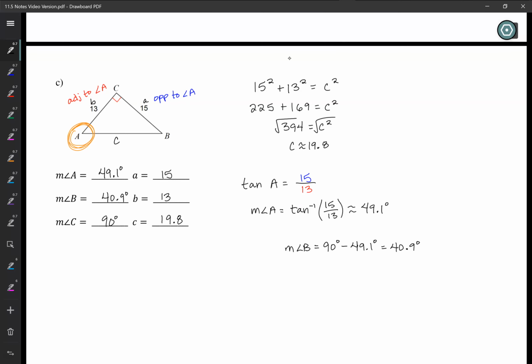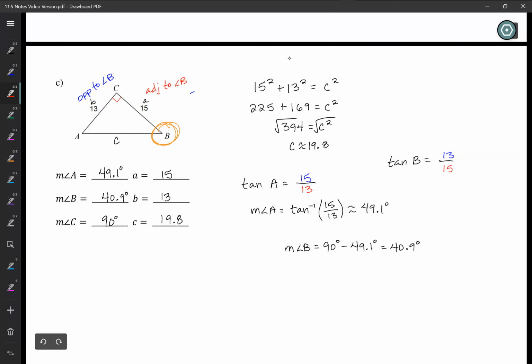Just to point out though, there is another way I could have gotten angle B. I could have said, oh, let's focus on angle B. Well, if I do that, little b is opposite and little a is adjacent. Opposite and adjacent, it's still tangent, but the numbers switch because opposite is now 13 and adjacent is now 15.